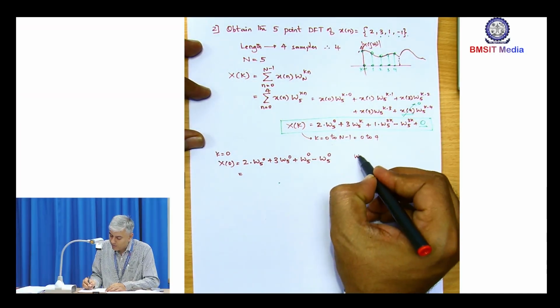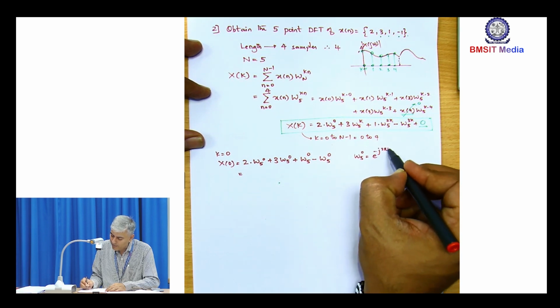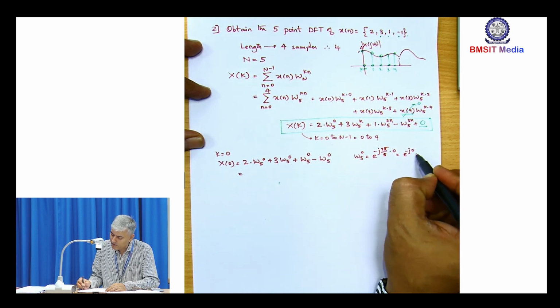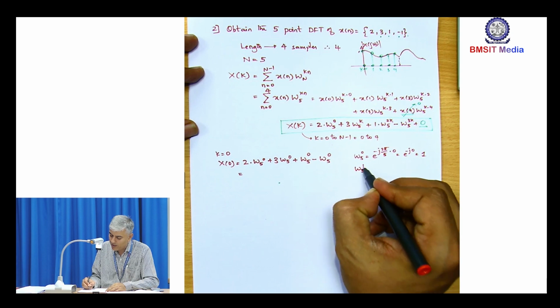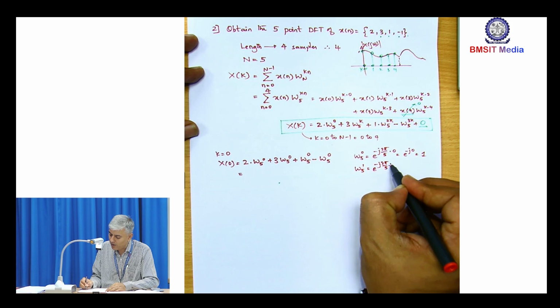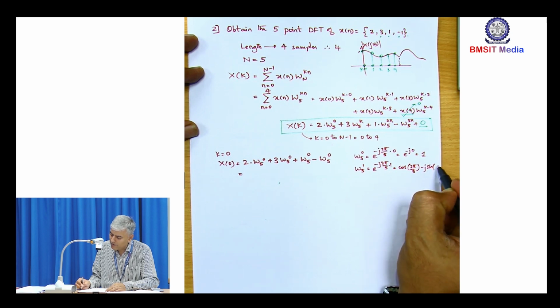That is, W_5 raised to 0 is e raised to minus j 2 pi by 5 into 0, which is e raised to minus j 0, which is equal to 1. That is cos of 0 minus j sine of 0, so that value is 1. Similarly, what is W_5 raised to 1? W_5 raised to 1 is e raised to minus j 2 pi by 5 into 1, that is cos of 2 pi by 5 minus j sine 2 pi by 5.